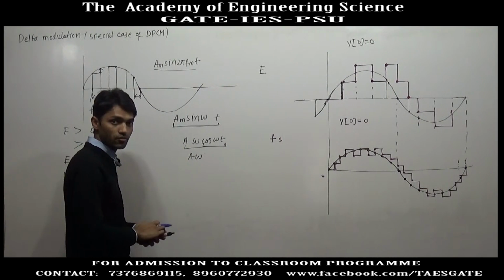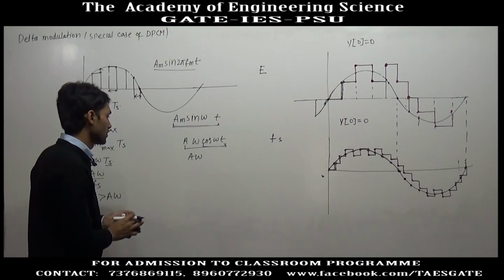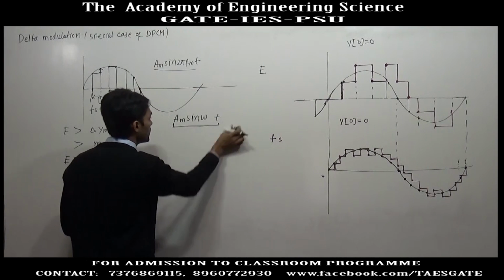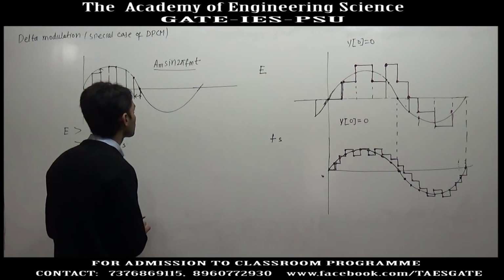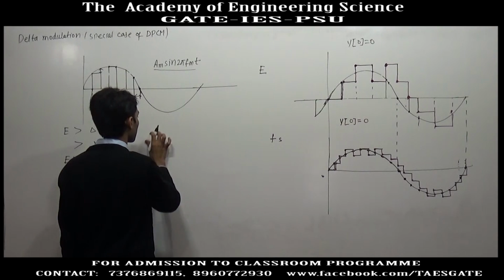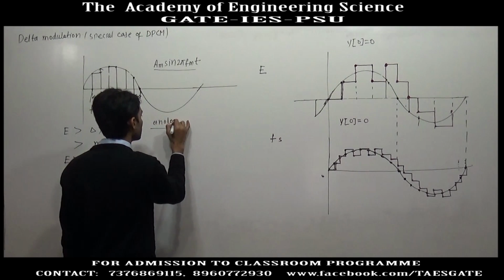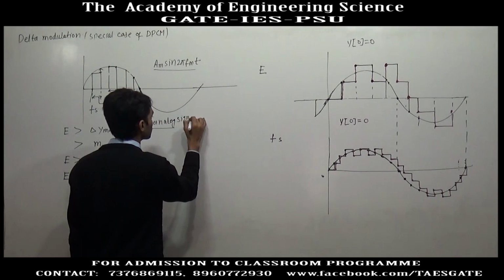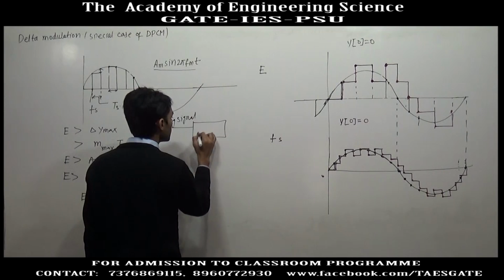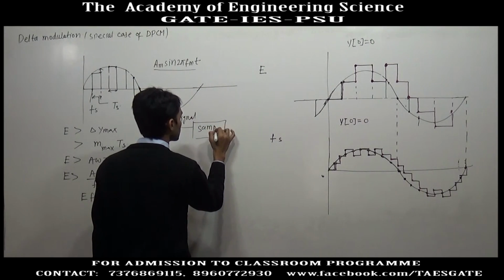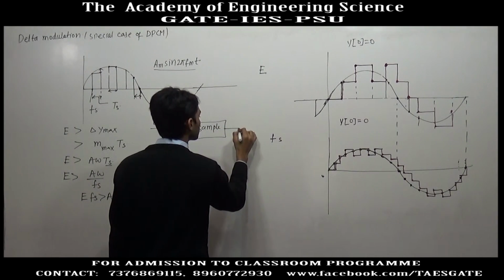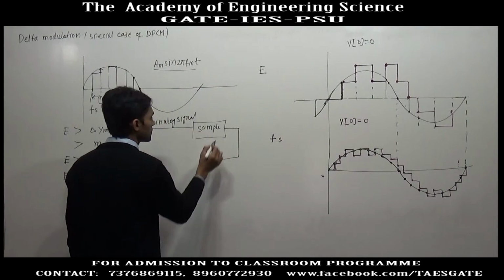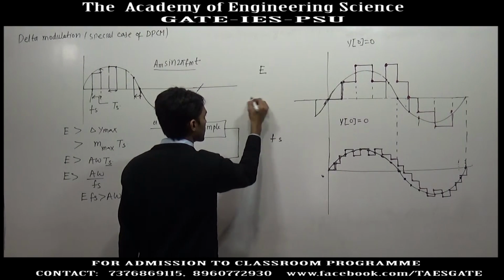we have already done it before. What will happen if we increase the sampling frequency? This is an analog signal, and if we sample it at a very high frequency, in 1 second we are calculating the bit rate.